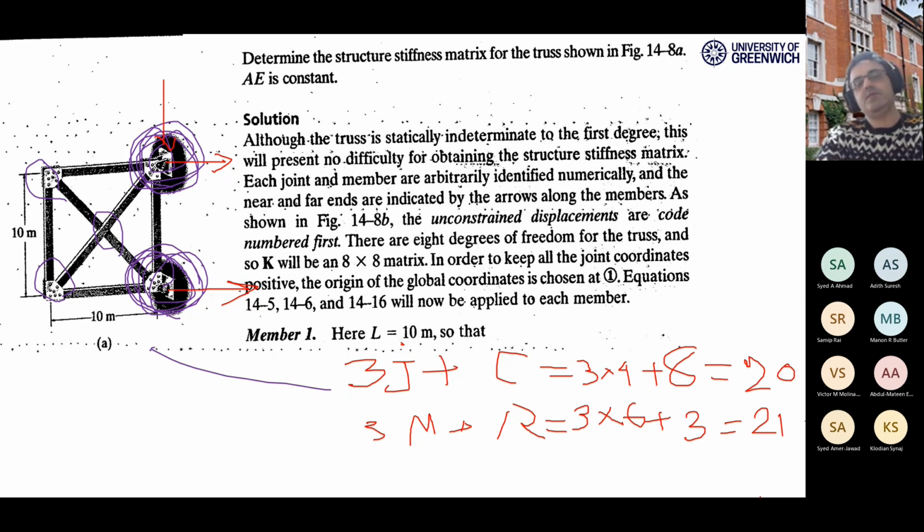The only difference is that, for example, in the previous example, we had 2 elements. Here we have 6 elements. So you really need to repeat those individual stiffness matrices, which were 4 by 4, for every individual element. You need to repeat that for 6 different elements individually.